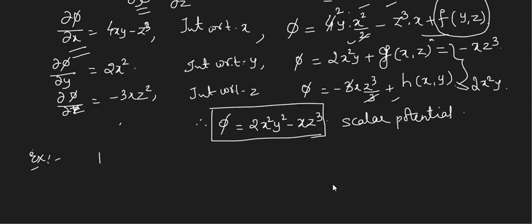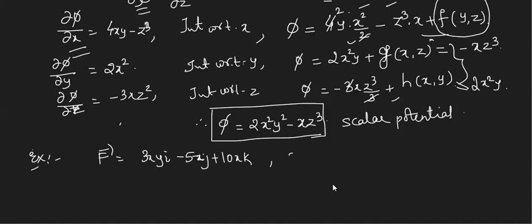Tell me what is F here. 3xy i minus 5z j plus 10x k.